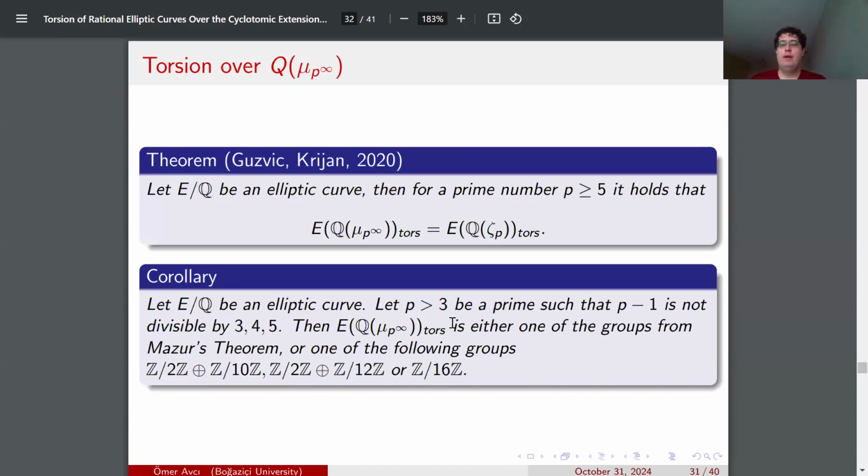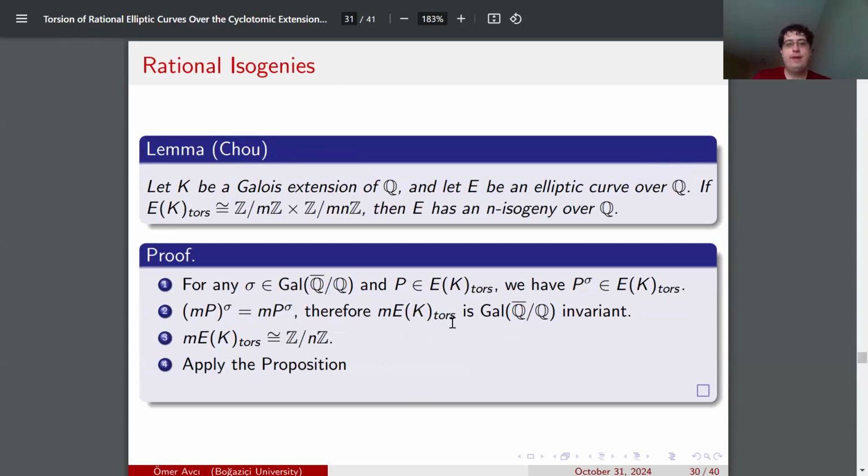At this point, I'm not going into full detail of how I get rid of 7 and 11, but basically, those conditions back when I first did my research were sharp. So adding additional conditions didn't bring me anything, but I also couldn't remove them, because if I remove the not divisible by 11 condition, then Z modulo 67 can appear as a torsion group, and I couldn't get rid of that.